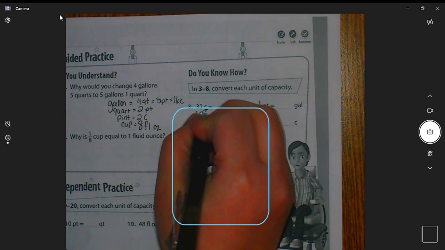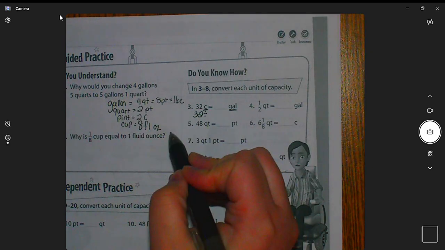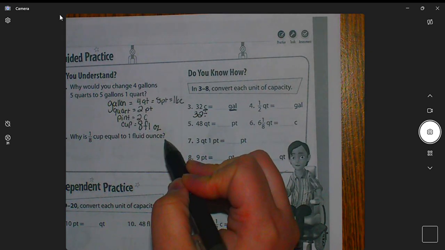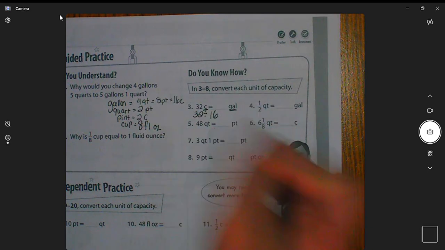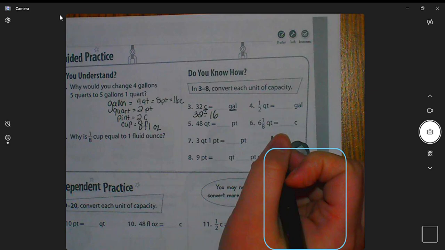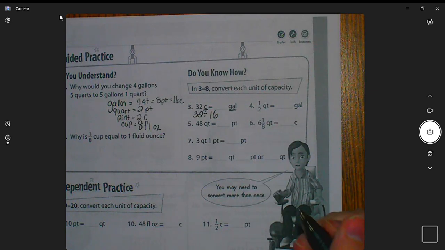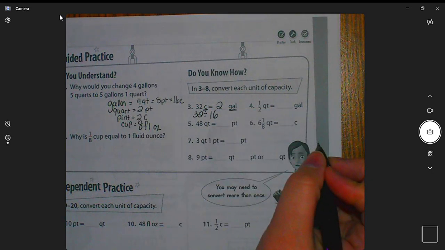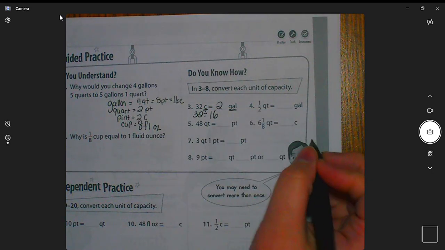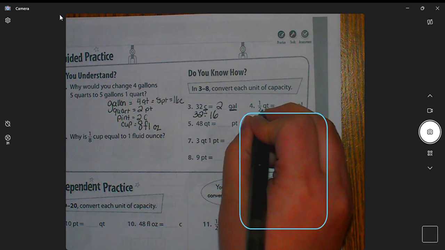How many cups does our chart say makes a gallon? Yeah, 16. And 32 divided by 16 is? You're so right, it's 2.